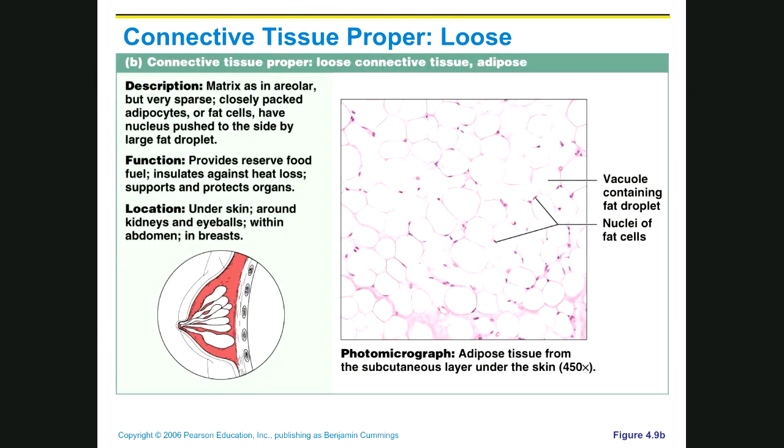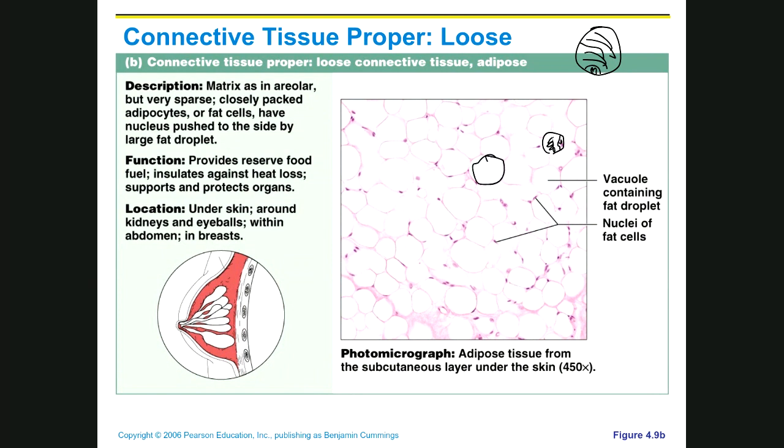Well, when you look at it, remember the cells look like this. So there's a nucleus way over here to the side, and then there's all this fat. So this is what one cell looks like right here. There's the nucleus, and here's the fat. And that's true for all of these.